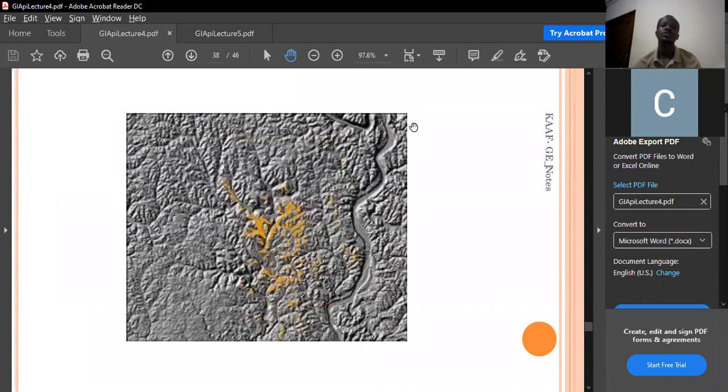Can you imagine that this is some sort of terrain? A surface, maybe somewhere in the world, I don't know where, maybe Iraq, maybe Ghana, anywhere. And you wanted to know areas that are visible. You wanted someone to show you which areas are visible from a certain viewpoint.